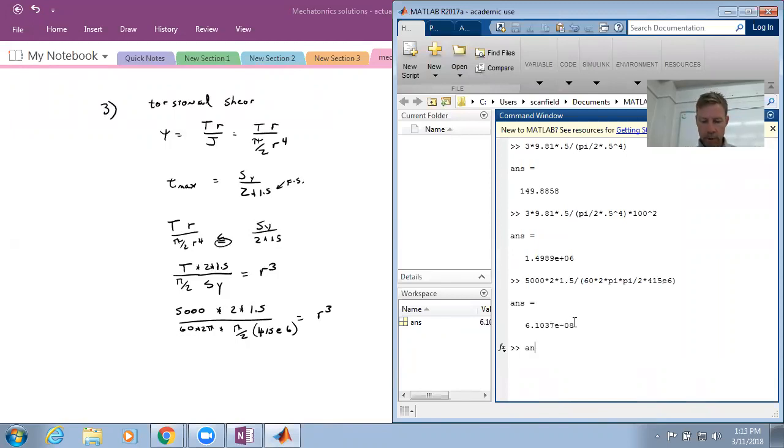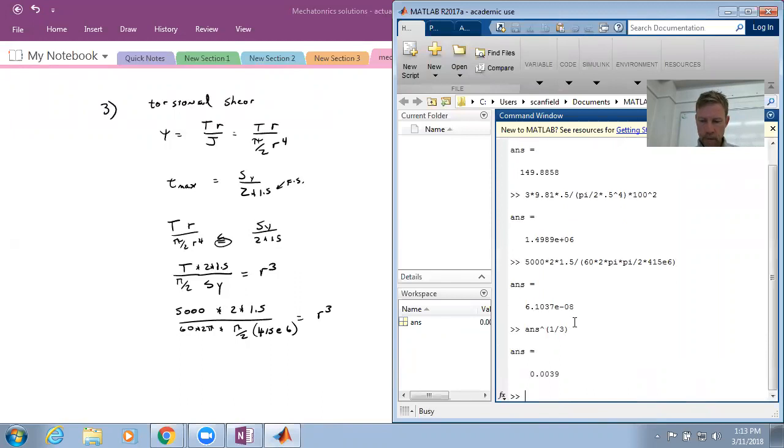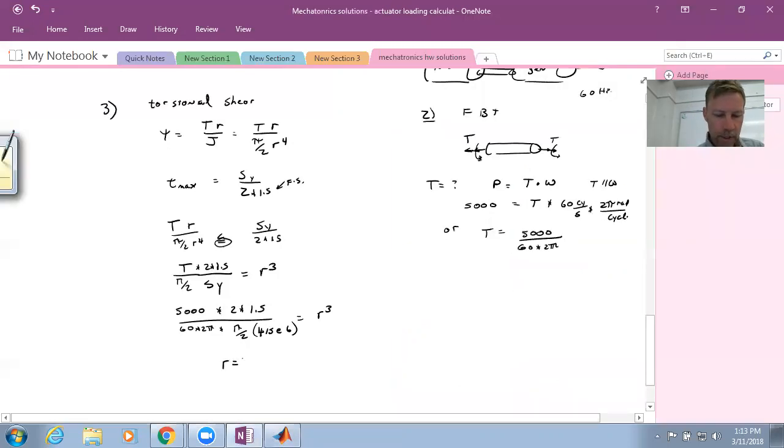We're going to take the cube root of that, so ANS to the 1/3. And we get a shaft size of 0.0039 meters. R is 3.9 millimeters. Okay, pretty small shaft, but, you know, the bare minimum, I guess, is what we need.